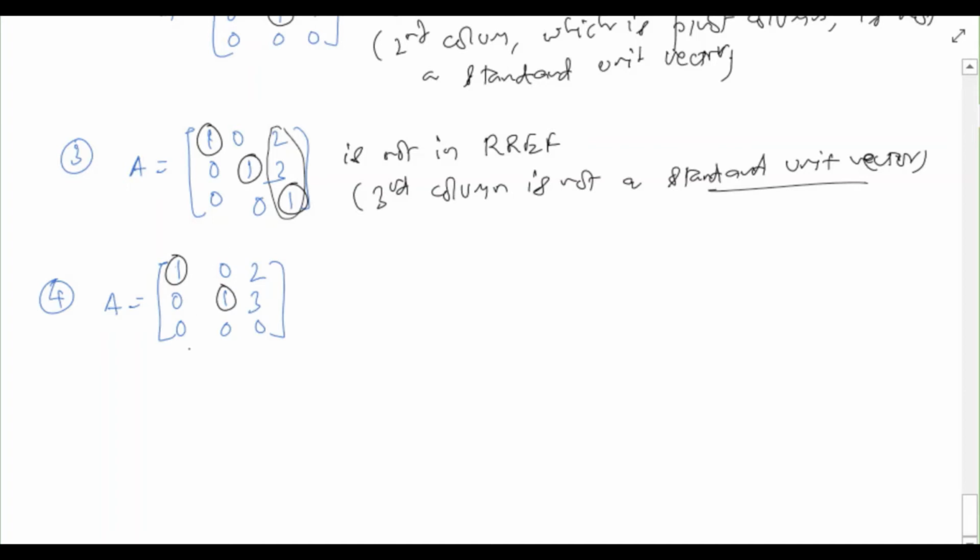And there are two pivot columns here and both are standard unit vectors. That is, in both these columns, other than pivots, all other entries are 0. So A is an RRE matrix, or A is in reduced row echelon form.